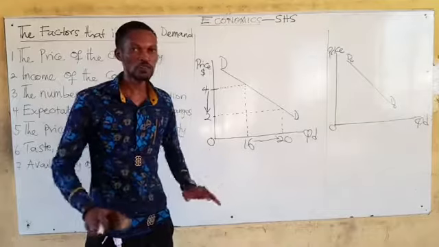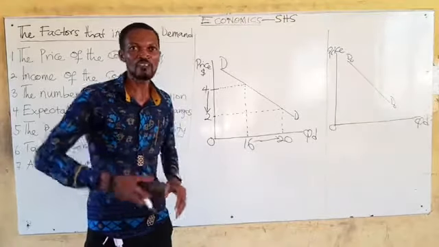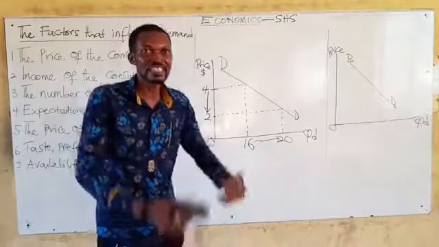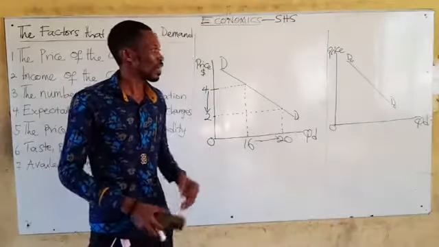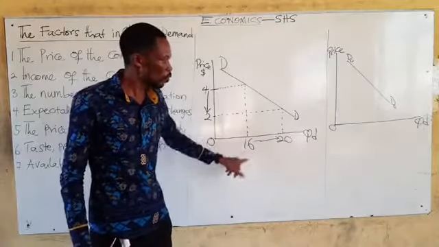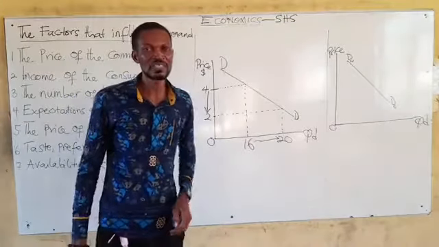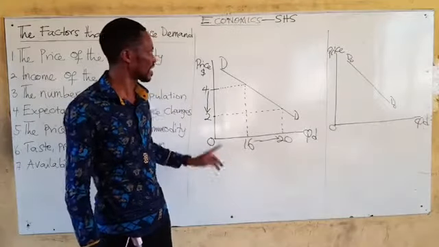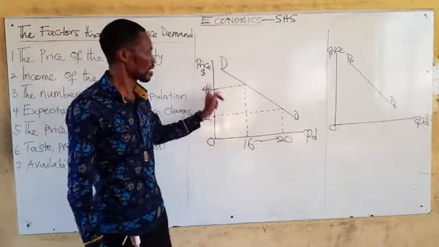For most of the commodities that we buy, when you have more money to yourself, you are going to buy more. When you have lesser income, you are likely to reduce the quantity. And so income actually influences the quantity of commodities that we buy. But how do we illustrate it, given that we don't have income on any of the axes?